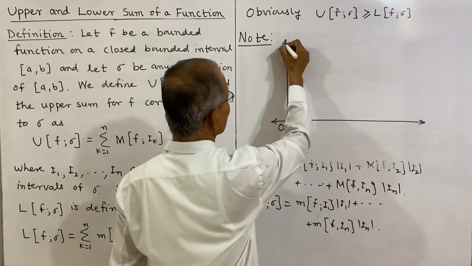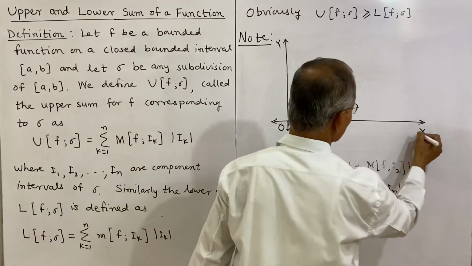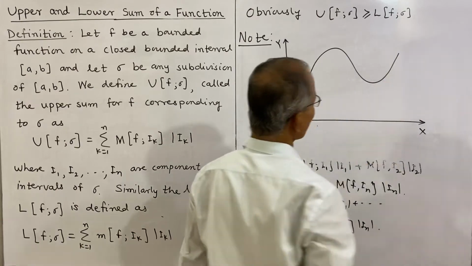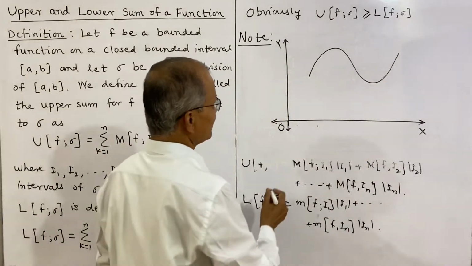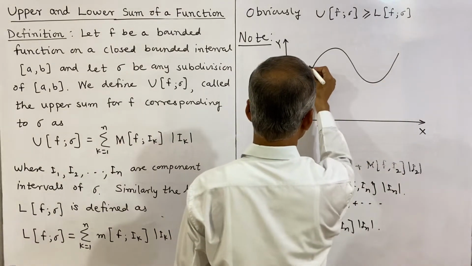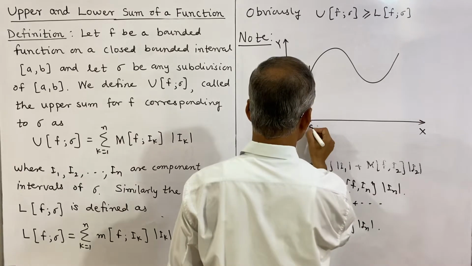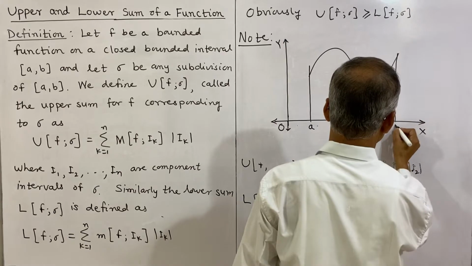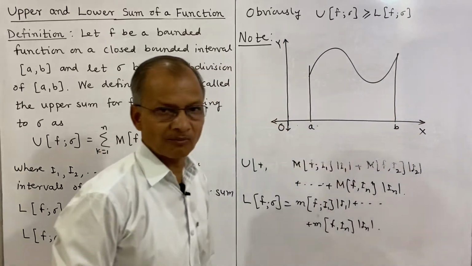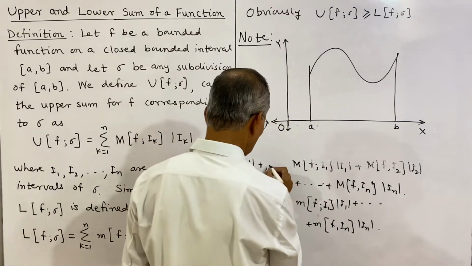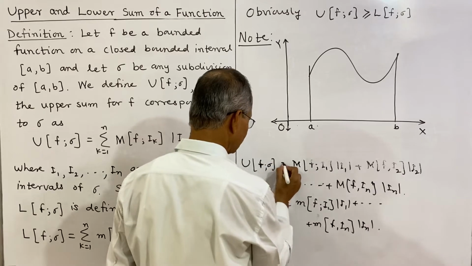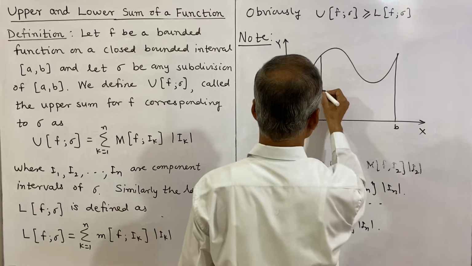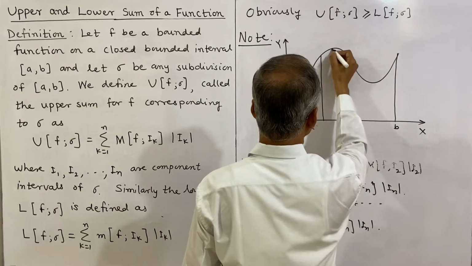Say these are the axes, x and y axis, and suppose the function has a graph of this type, and this is the interval a to b. We will consider this is a, and we will take the function in the interval a to b. Now we divide this interval in parts as components. Earlier we have defined. So this is I1, let this be I1, I2, etc.